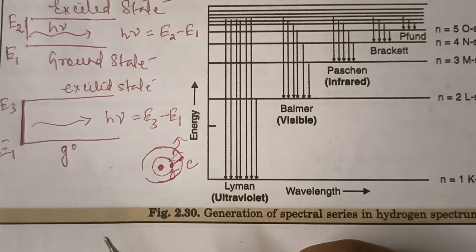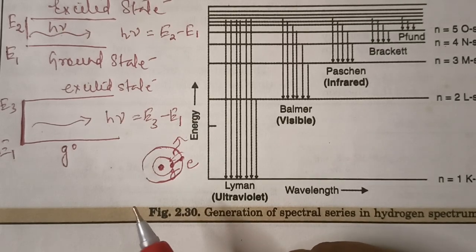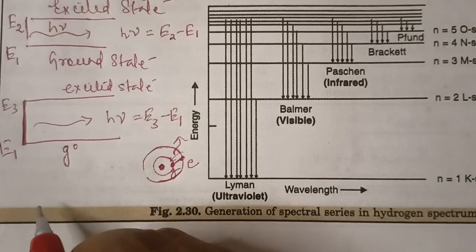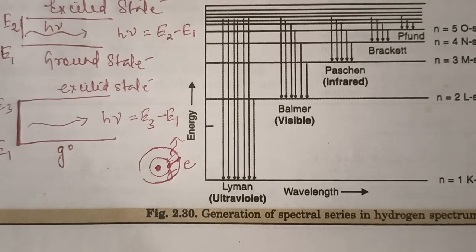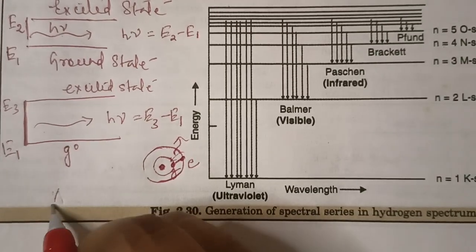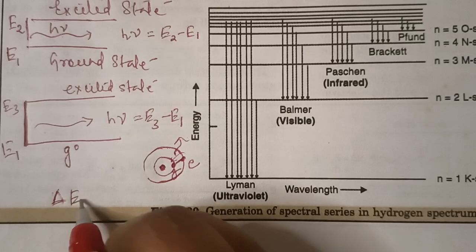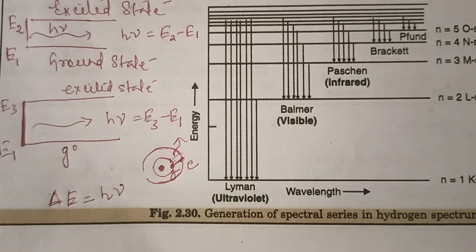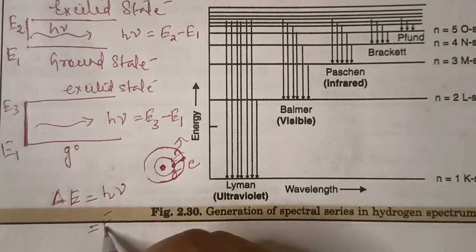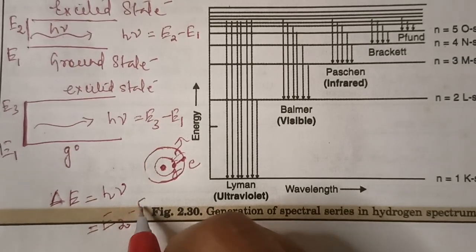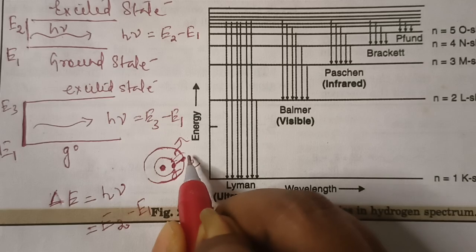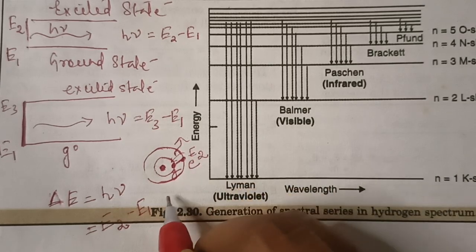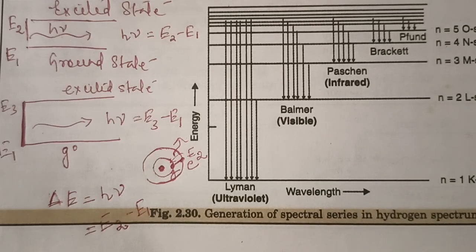It is emitted in the form of a quantum equal to the difference in energy levels, which we have already discussed and is represented as delta E equals h nu, right? That means it equals E2 minus E1, from the second level to the first level.